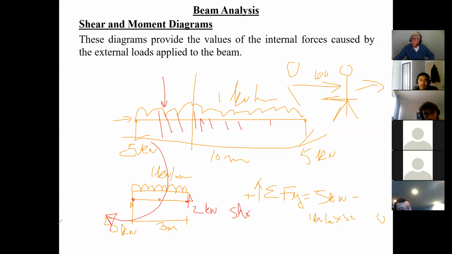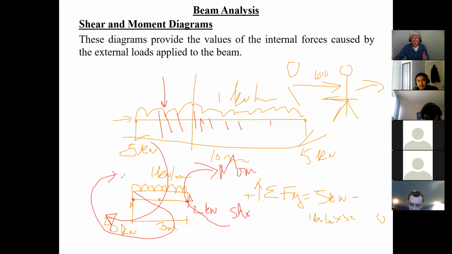Everybody can see that the beam wants to rotate around that point? Because it wants to rotate and it doesn't rotate, there's going to be a rotation in the other direction to prevent it, and that's your bending moment. So your bending moment diagram is all the internal rotations that have to occur in order for this thing to stay in equilibrium. And that's what the bending moment and shear diagrams are all about.